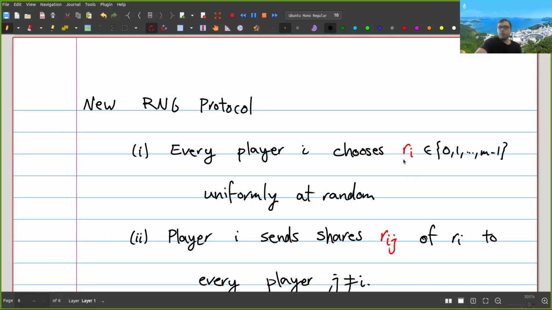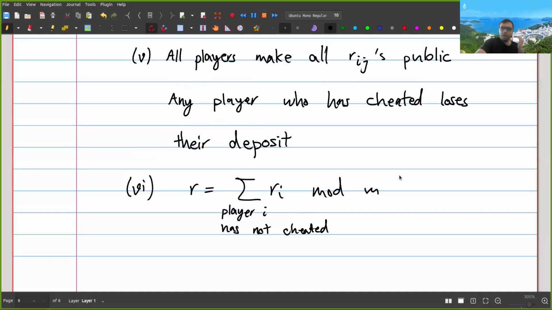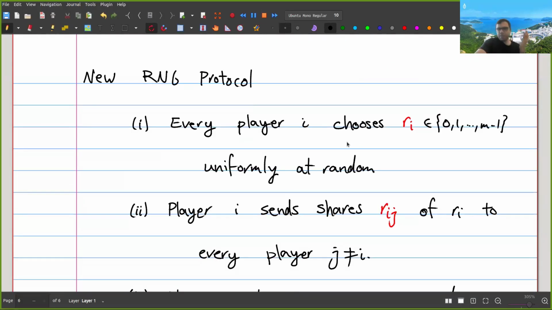But I wouldn't care about this because as long as I have at least one player who's playing honestly and choosing the Ri uniformly at random, my final result will also be distributed according to the uniform distribution. So this kind of cheating cannot happen as long as I have at least one honest participant. Of course, if no one is honest, I don't care at that point and I can't give any guarantees.